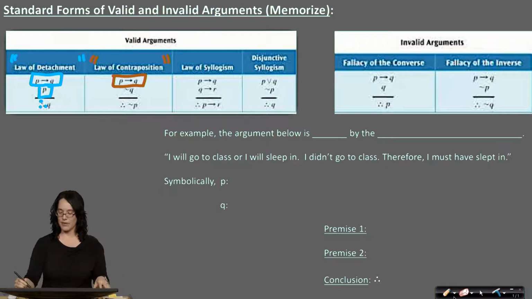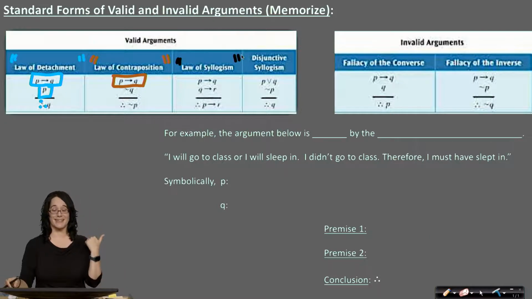The next one that we want to pay special notice to is called the Law of Syllogism, and this one might seem familiar based on our previous example. It says for our first premise, if P, then Q. For our second premise, if Q, then R. For our conclusion, therefore, if P, then R. Now this seems to flow logically, almost like you're dealing with dominoes, right?